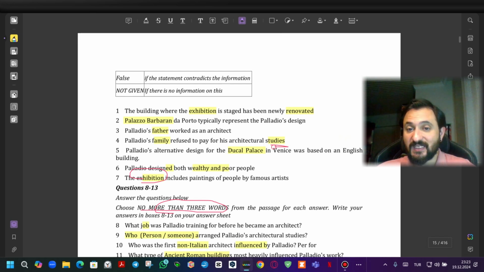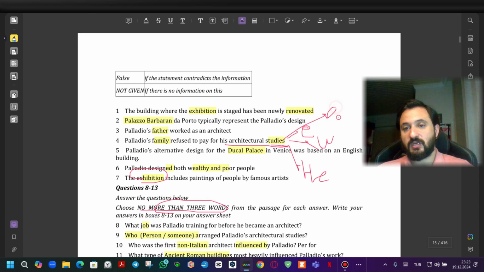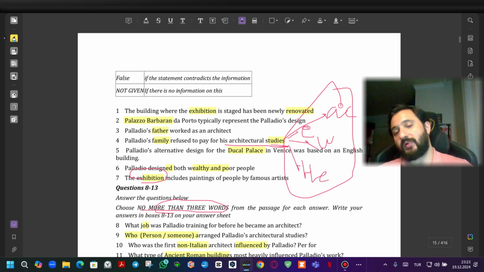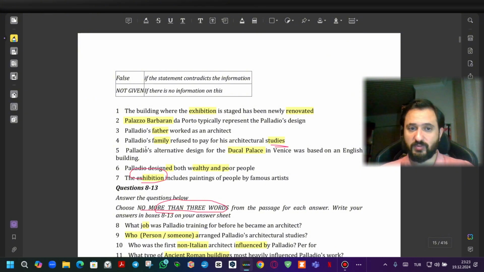If you see such basic words, imagine that it will be your mistake. What you have to do is find its synonyms. Architectural studies: education, work, higher education, academic career. It can be anything about education and career. In the text, it is generally too difficult to find studies. So you have to be careful.